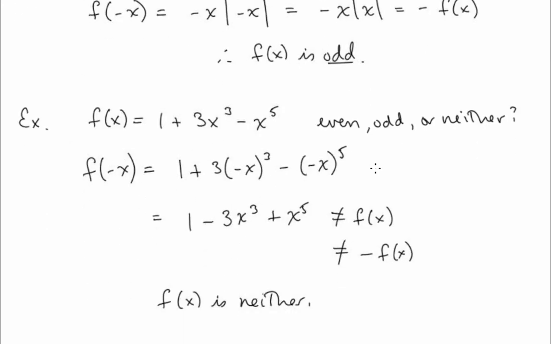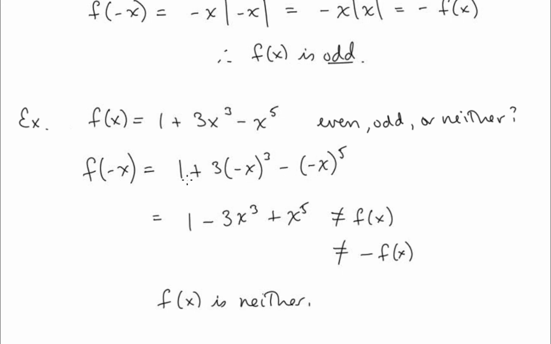Now let's take a look at f of x equals 1 plus 3x to the third minus x to the fifth. Same question, is it even, odd, or neither? Again, we start by plugging in negative x. So then we have 1 plus 3 times negative x quantity to the third minus negative x quantity to the fifth.